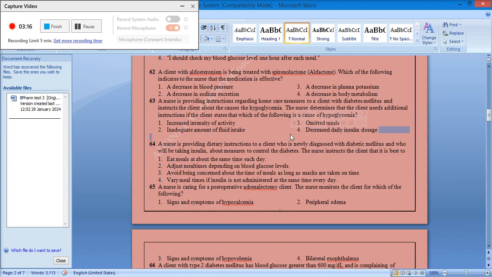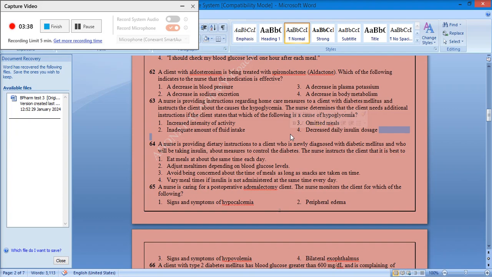64. A nurse is providing dietary instruction to a client who is newly diagnosed with diabetes mellitus and who will be taking insulin about measures to control the diabetes. The nurse instructs the client that it is best to: 1. Eat meals at about the same time each day. 2.